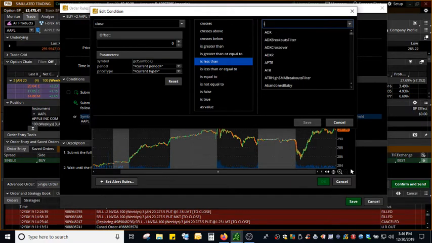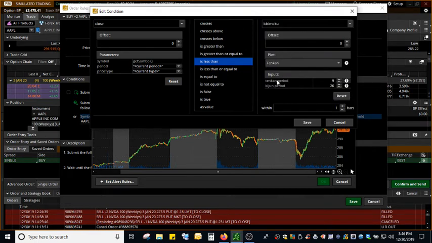Study Ichimoku. Tenkan period. So this would do the close of the previous candle is less than Ichimoku Tenkan.